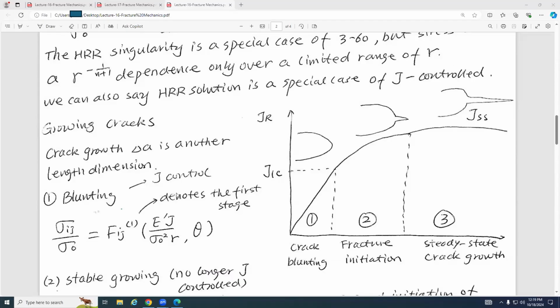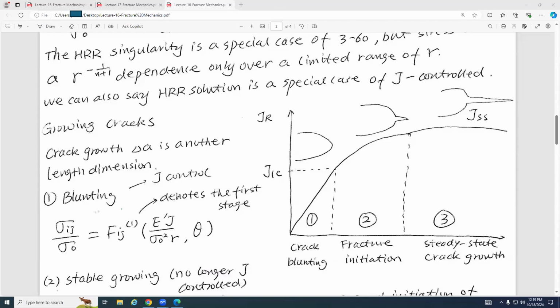Cleavage means that there's no plasticity, and this is only the elasticity. If a crack grows, the crack will go from the very beginning to the very end. Very end means that this whole specimen breaks.